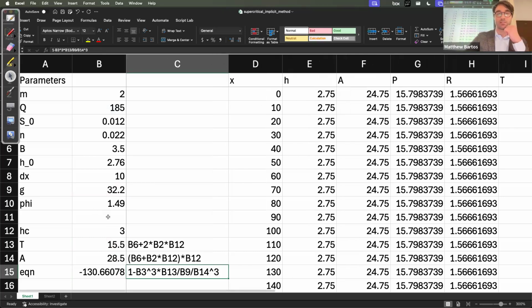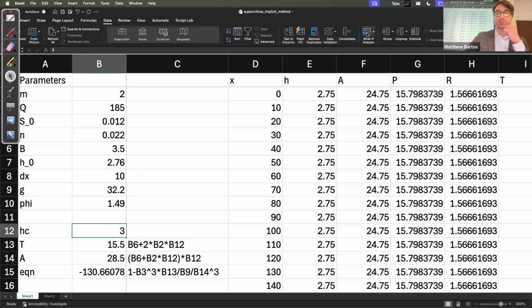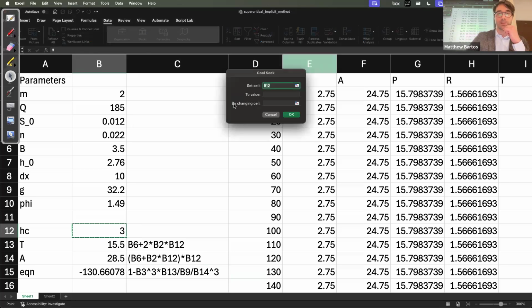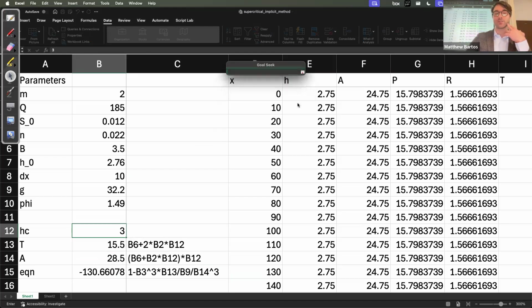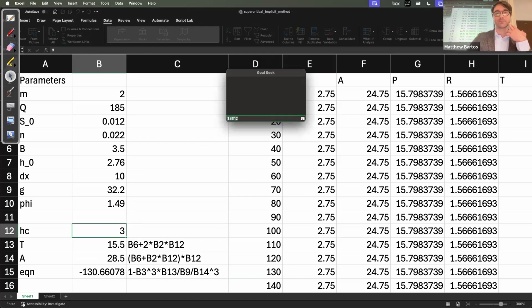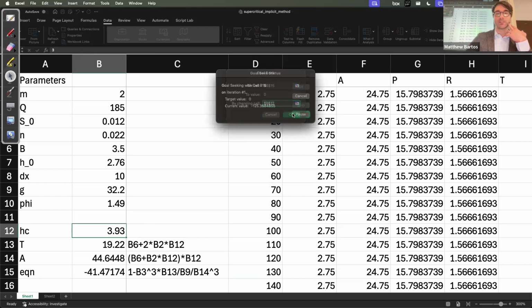I'm going to use goal-seek. So I'm going to go to data, what-if analysis, goal-seek. We're going to set cell B15 to value of, what should the value be? 0, because we're using 1 minus the Froude number squared. By changing cell, what cell do we want to change? HC, which is B12.